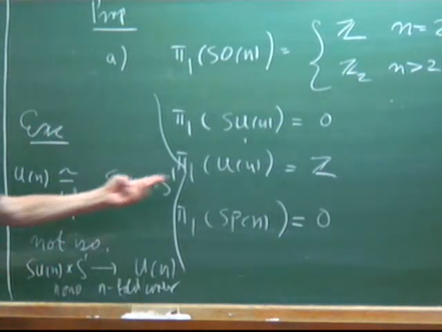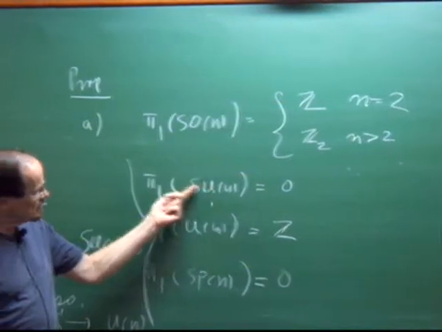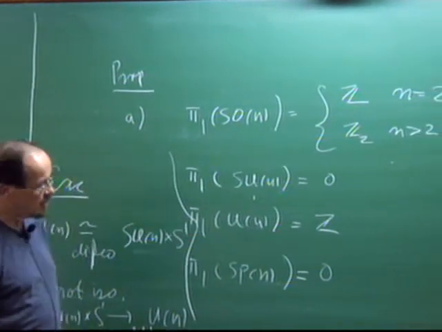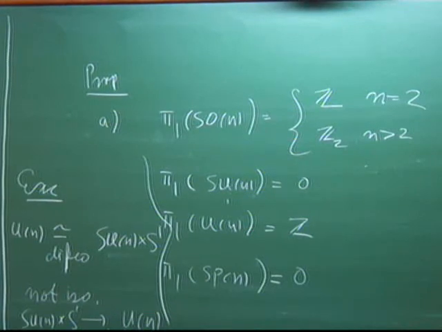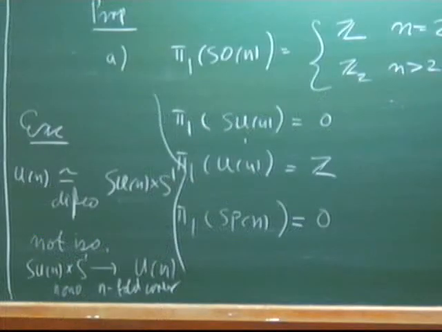So for example, now of course this follows from this fact here. But either one I can do inductively in the same way I did before. Okay, so that's pi 1 of the classical groups. Remember we had the polar decomposition theorem, so pi 1 of all the groups we saw follow from this. Now we know pi 1 of all the classical groups.